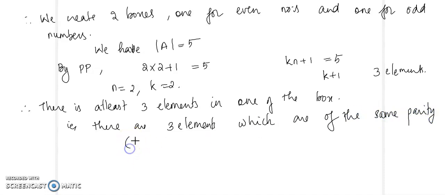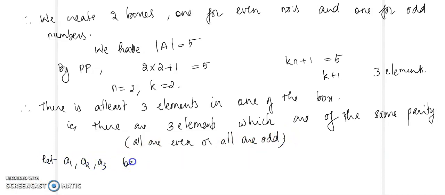That means all are even or all are odd. Let a1, a2, a3 be these 3 elements, which are of the same parity.